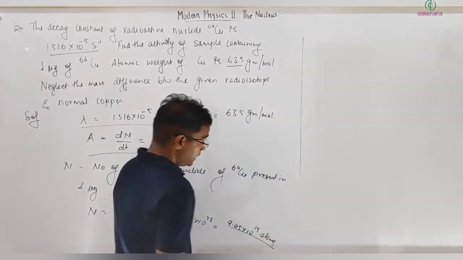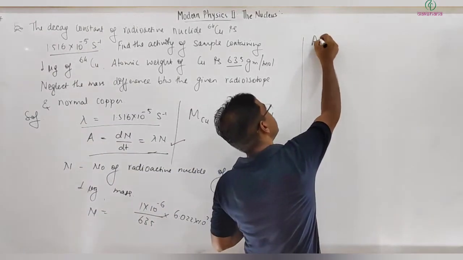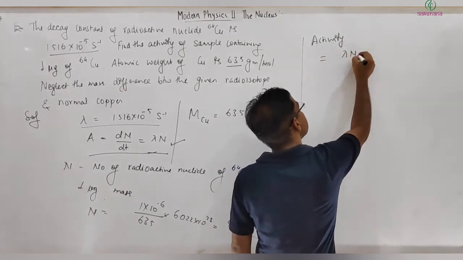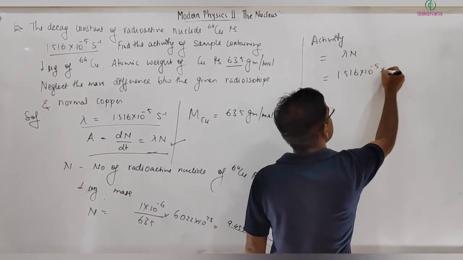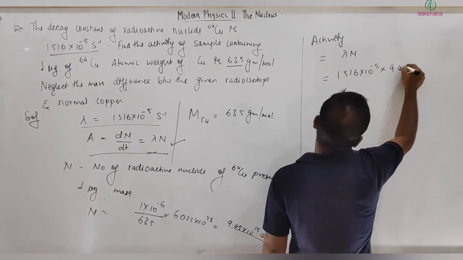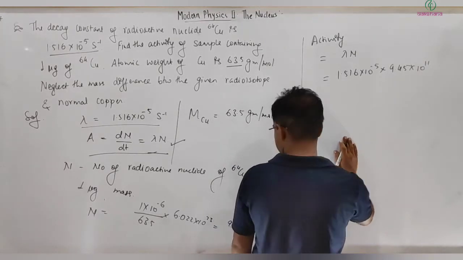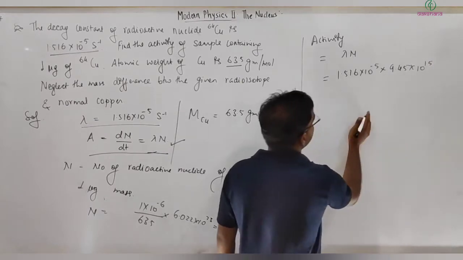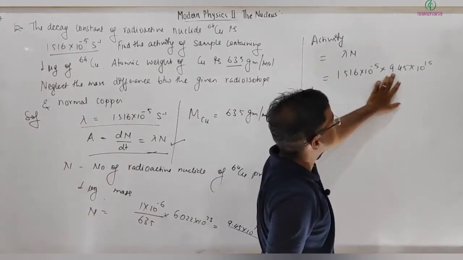Now activity, simply we can write, activity is equal to lambda times N, that is 1.516 into 10 to the power minus 5 multiplied by 9.45 into 10 to the power 15.